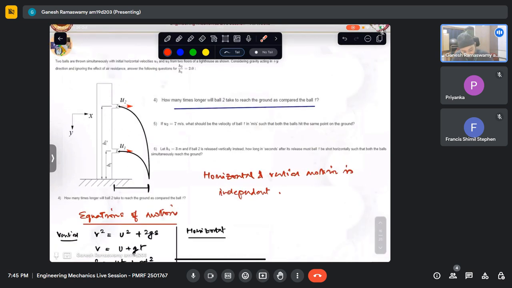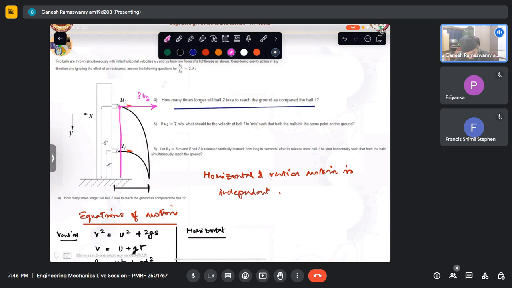What this implies is, if I take a ball and shoot it with a horizontal velocity 3 times u2 or 5 times u2, or simply drop it without any velocity, both will reach the ground at the same time. So it is independent of the path that is traversed. The time taken will be the same.